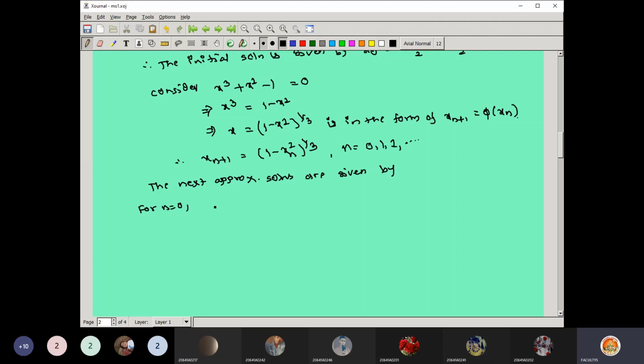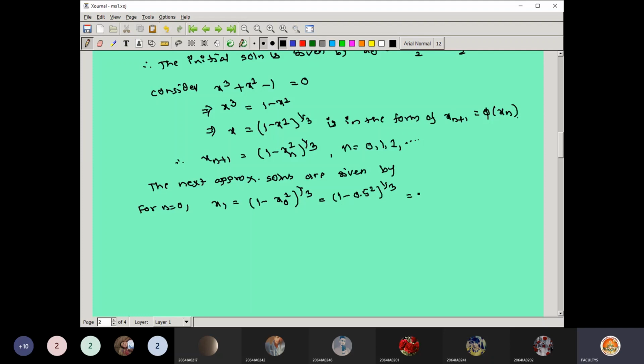So what do you think about the left side now? x1 equal to 1 minus x naught square power 1 by 3. So this is equal to 1 minus 0.5 square power 1 by 3, where x naught we calculated as 0.5. Try to find that final answer in your calculator.